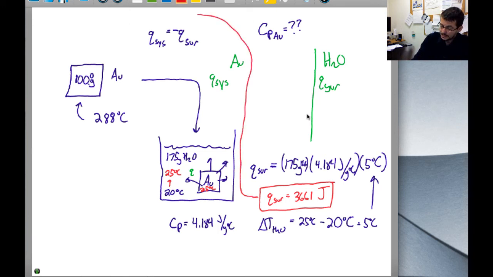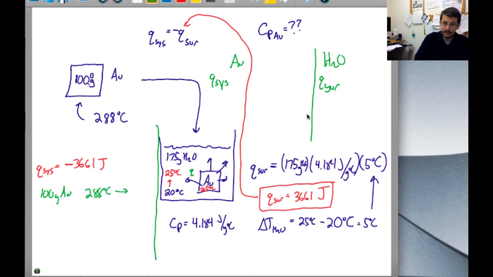What that means is that the heat lost by the surroundings has to be lost from the system. So Q of the system would have to be equal to negative 3,601 joules. Keeping these two separate, we know that our 100 grams of gold has gone from a temperature of 288 degrees centigrade down to a temperature of 25 degrees centigrade.